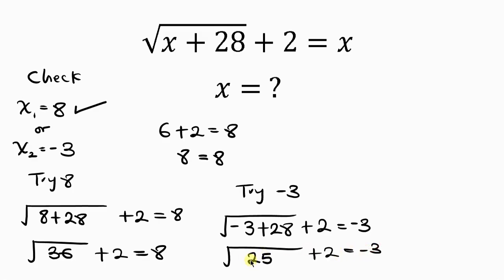The square root of 25 is 5. Very good. And then plus 2. Now notice that 5 plus 2 is 7, and this is not equal to the right-hand side, which is negative 3. So this is a fake answer. We're not going to take this as a solution. So we've only got one solution, which is x equal to 8.